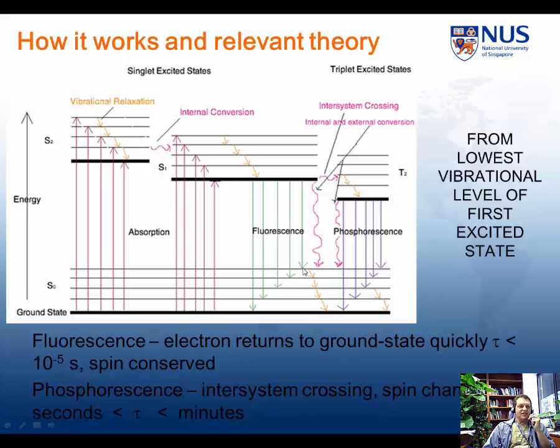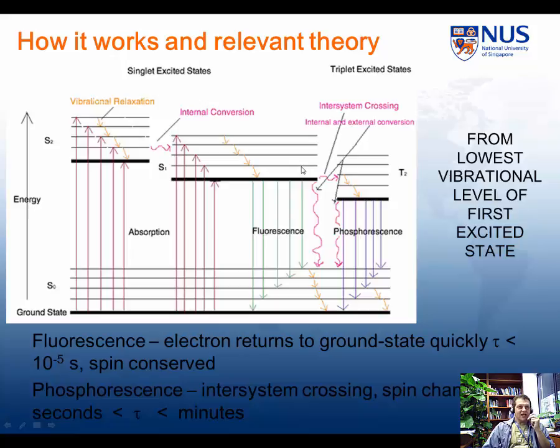And again, the fluorescence may take the electron not to the bottom of the ground state, but some vibrational level above the bottom, and then you get, in the same way as previously, the degradation of the energy through the vibrational levels. So that's internal conversion, which gives you fluorescence.